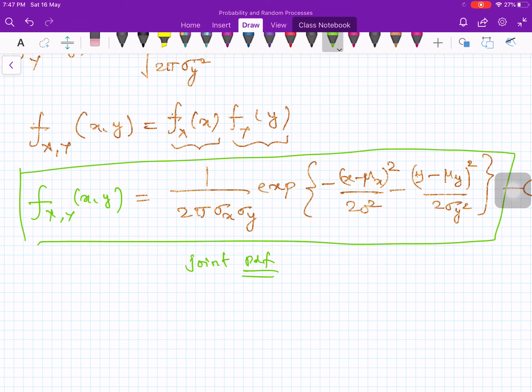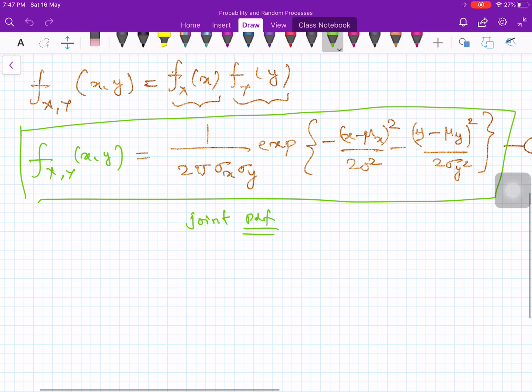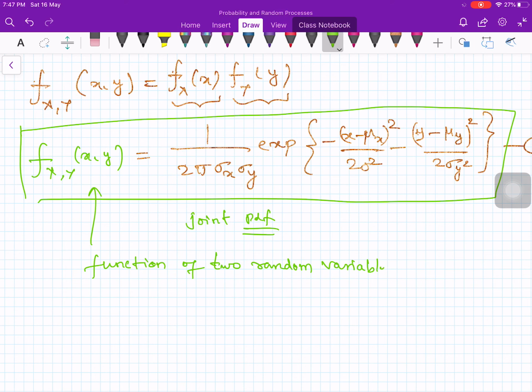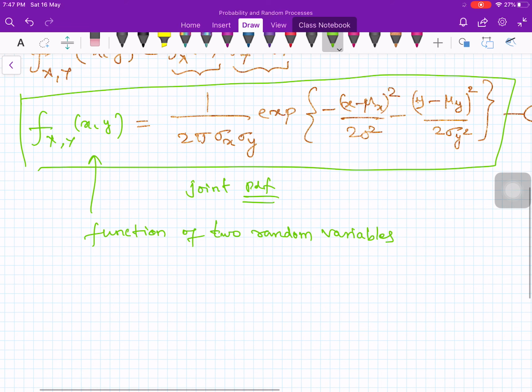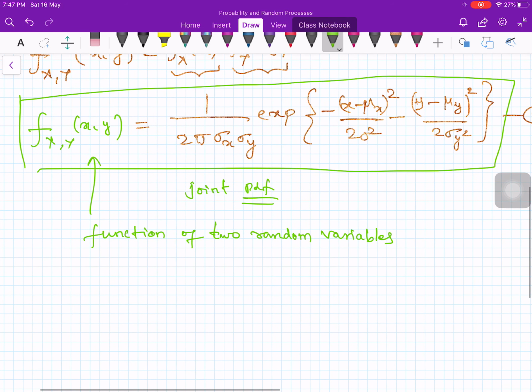Now you look at that formula and ask, what does it look like? You take the exponent, which is a function of two random variables. Now I can think about the contours of this function.